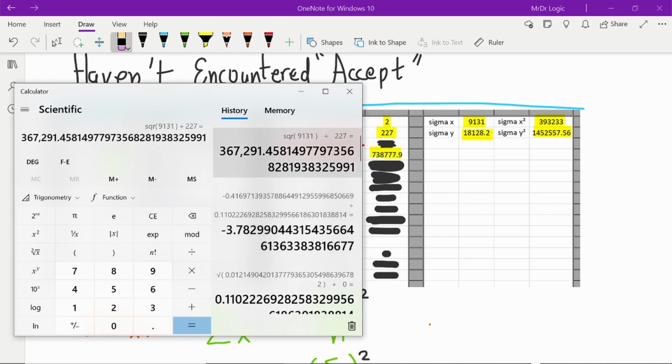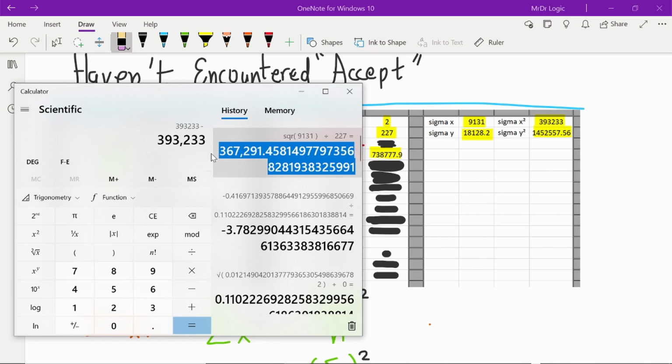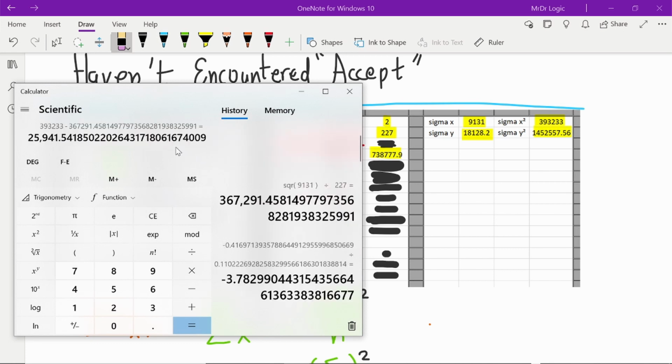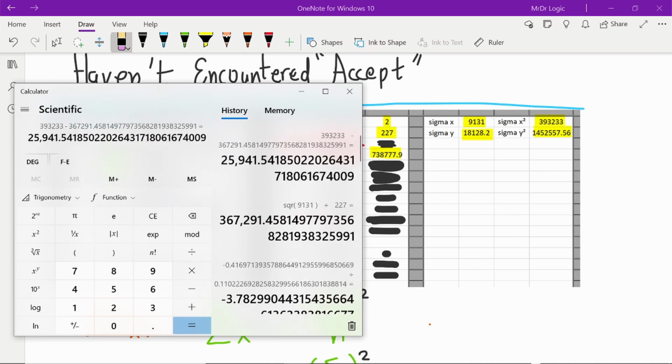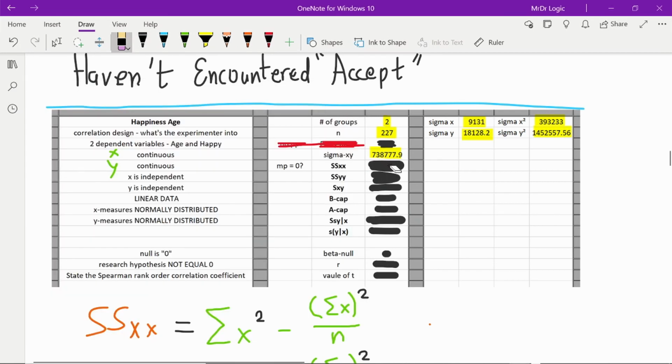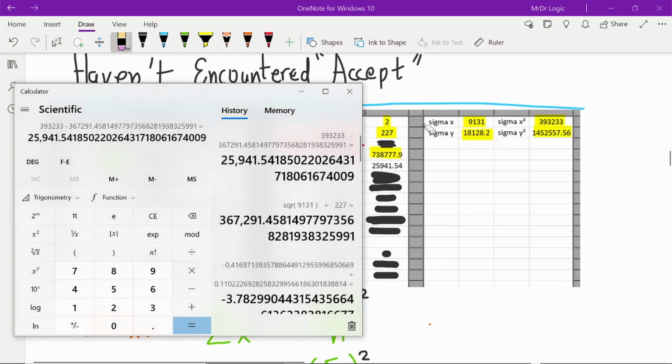We get that number, and then we take 393,233 minus this number, and bada bing bada boom. So our answer should be 25942. If we get that answer, there we go. I have it in 2 measurement position. That's wrong. It's supposed to be this, but this is a 2. So we got the right answer.